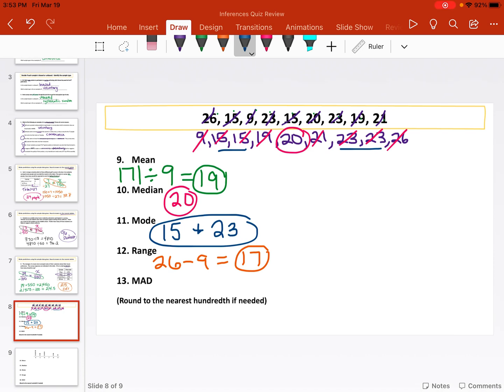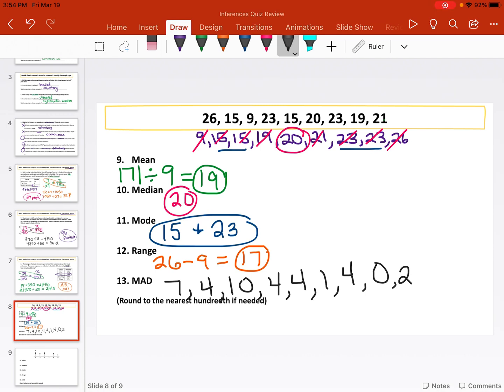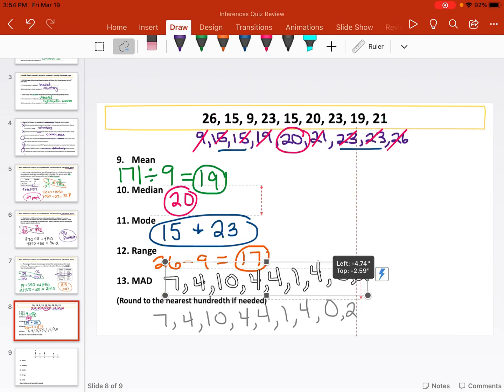So if I do the distance from 19 to each of these numbers, I'm going to go back to my original numbers just so I can see them really easily. 19 is 7 away from 26, and 4, 10, 4, 4, 1, 4, 0, and 2.